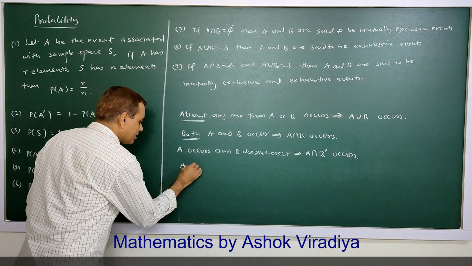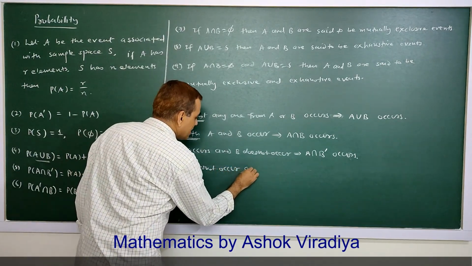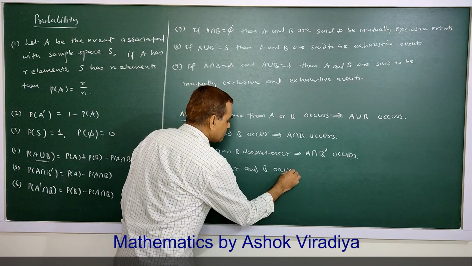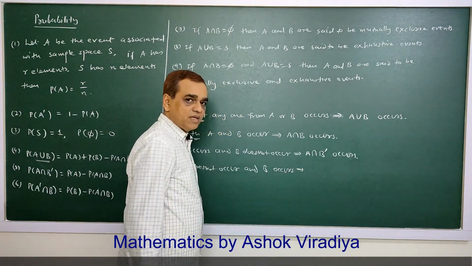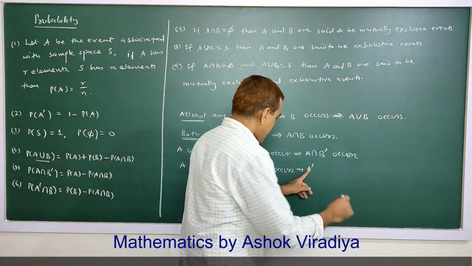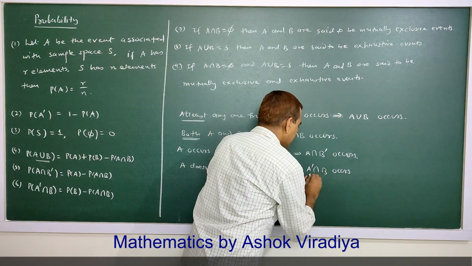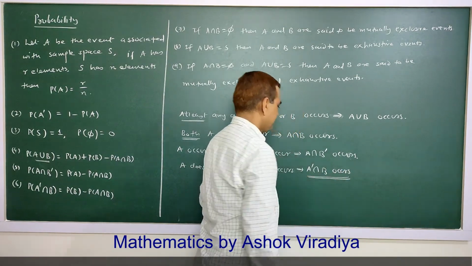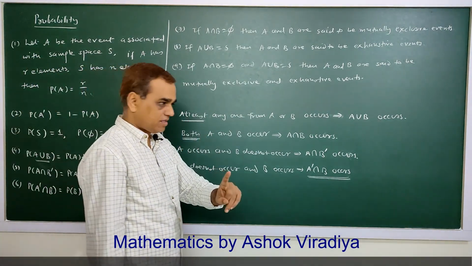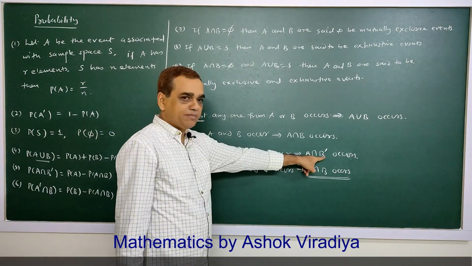If A does not occur and only B occurs, that means A does not occur, means A dash occurs and B occurs. So this event occurs. Means exactly one event occurs. Only A occurs, then A intersection B dash.